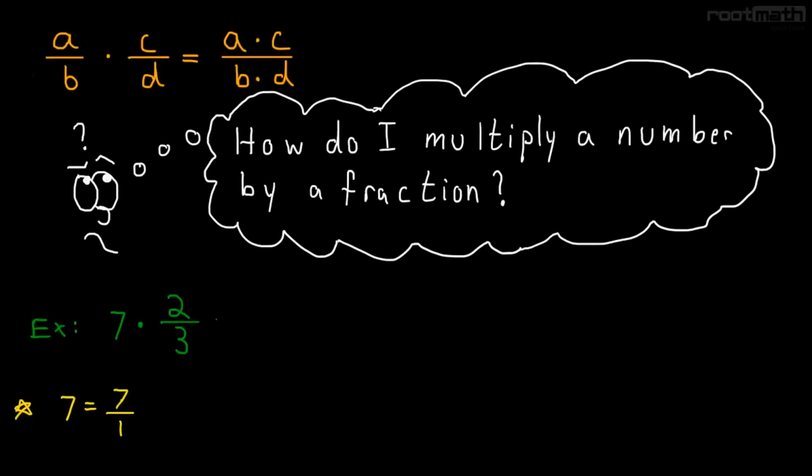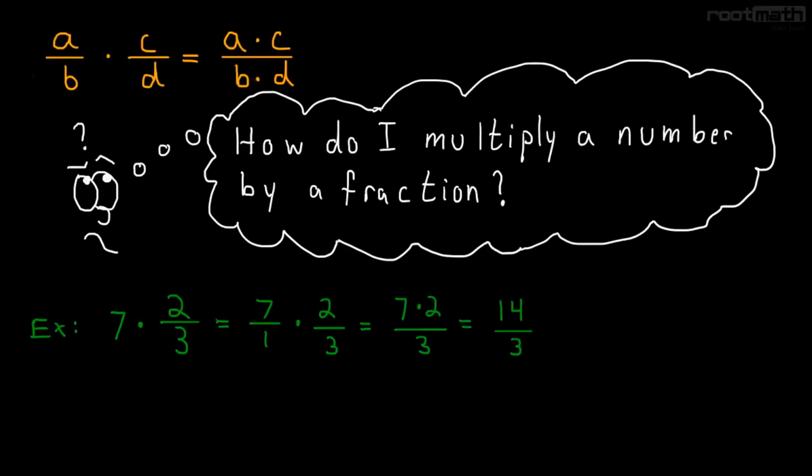So we can turn 7 into a fraction. And now we have 7 over 1 times 2 over 3, which of course is 7 times 2 over 3 times 1, which is just 14 over 3. So we have 14 thirds.